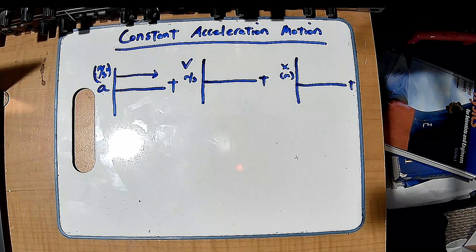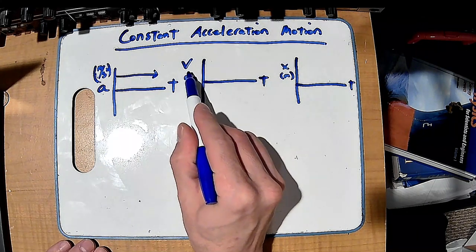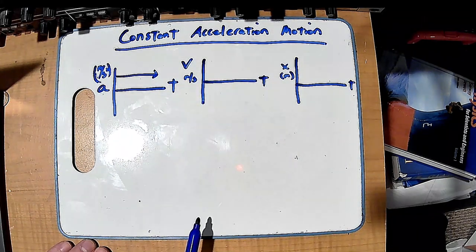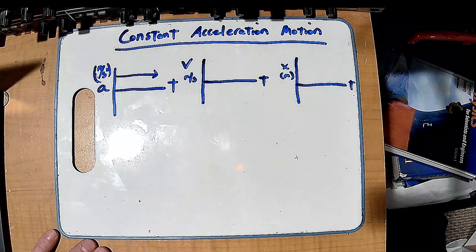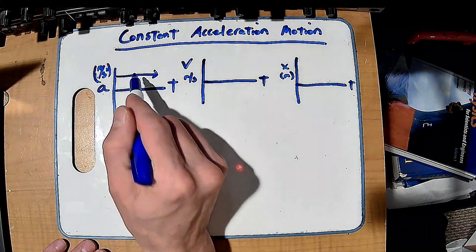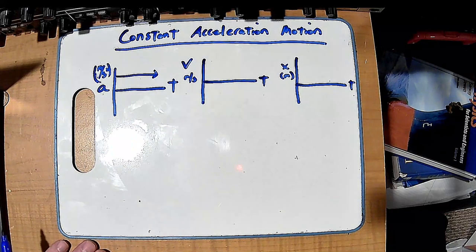Now, imagine what a velocity versus time graph would look like that indicates the same thing, constant positive acceleration. Let's assume it starts at some positive velocity and has a positive constant acceleration.